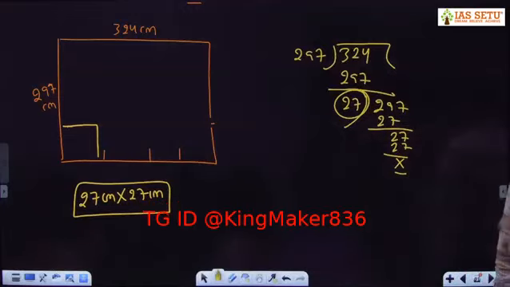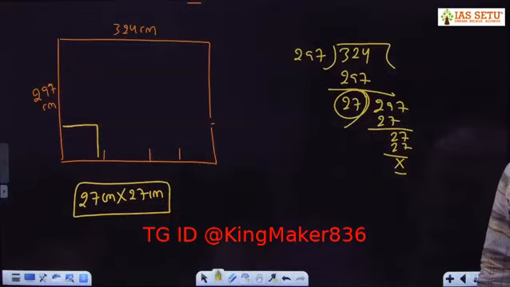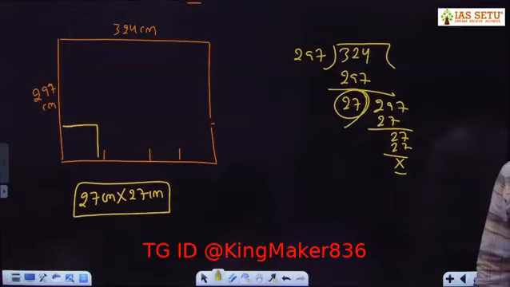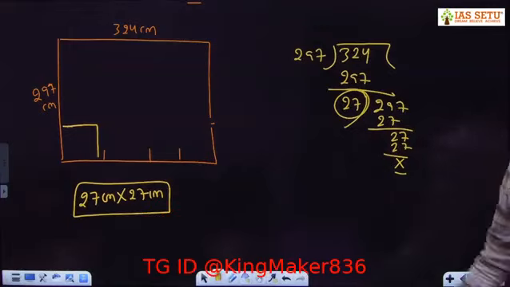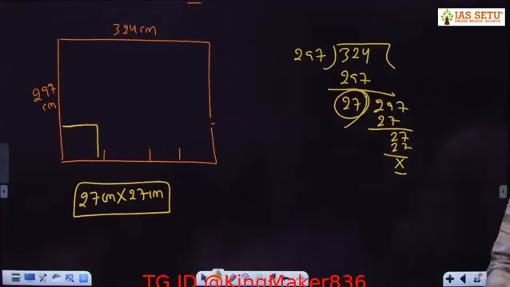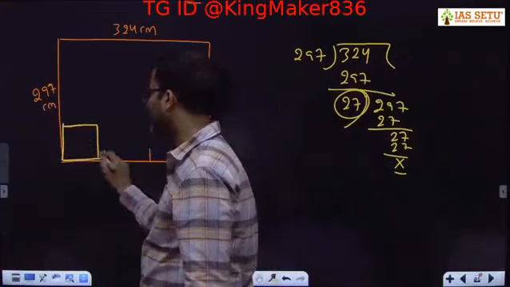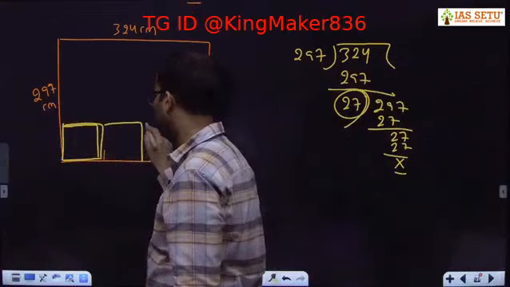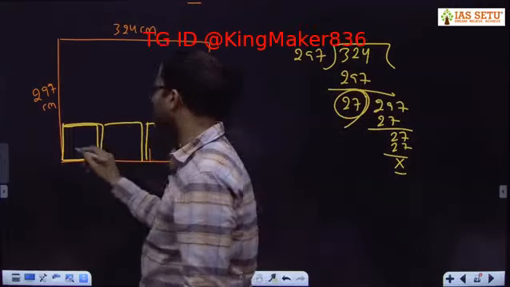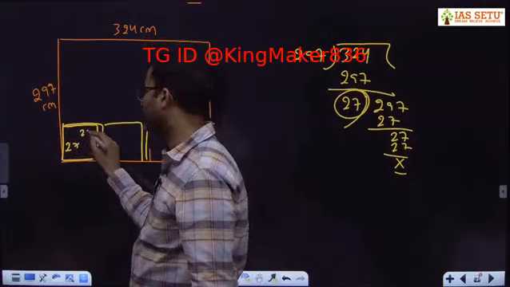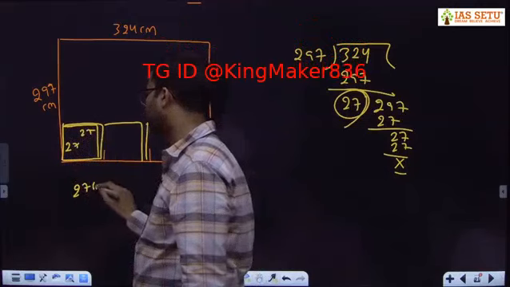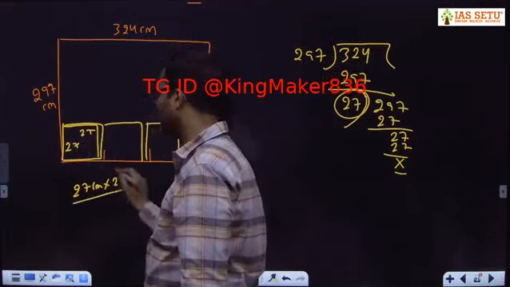Before I discuss the next question, let me tell you, the examiner asks what is the largest possible size. The largest possible size of the tile will be 27 centimeter by 27 centimeter, 27 centimeter length and 27 centimeter breadth.